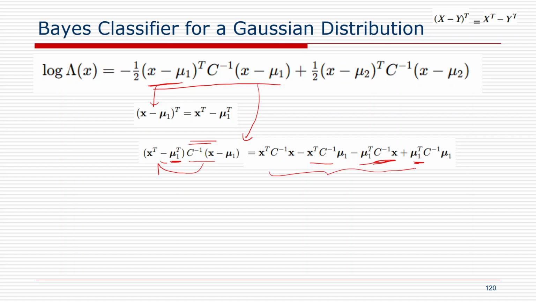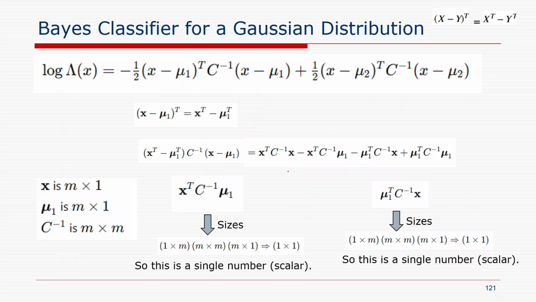Now we got the 4 terms. Now we'll look at how this is going to get simplified. In this one, x is nothing but an m cross 1 matrix, mu1 is also an m cross 1 matrix, and C inverse, the covariance matrix inverse, is m cross m.